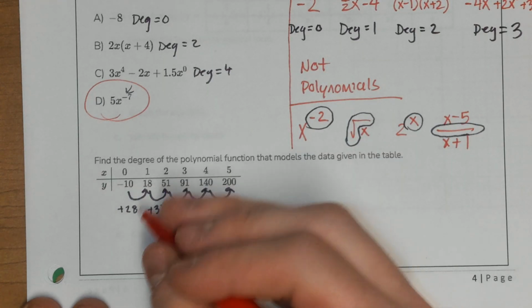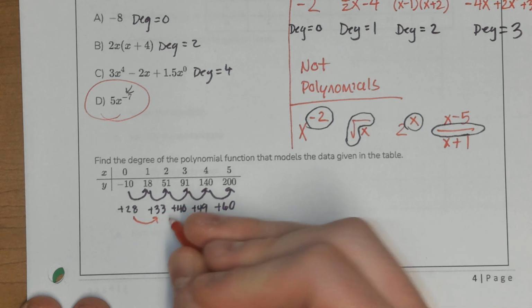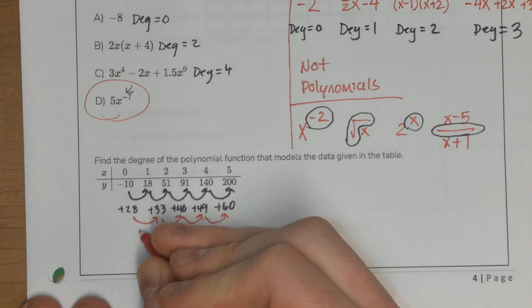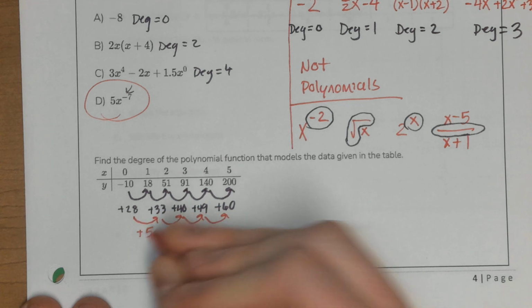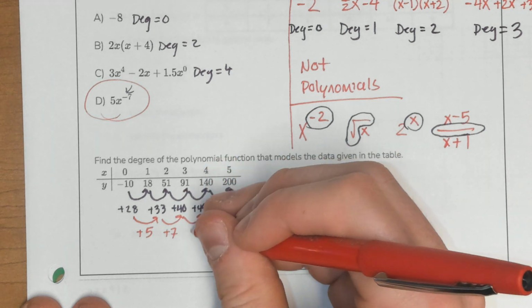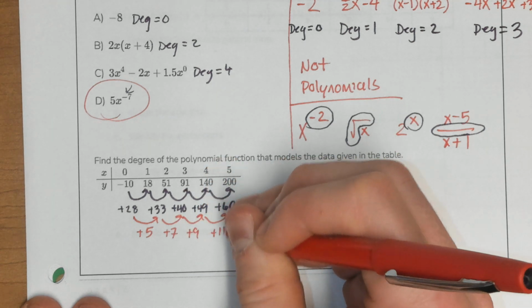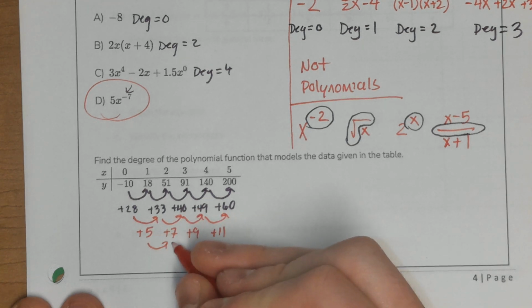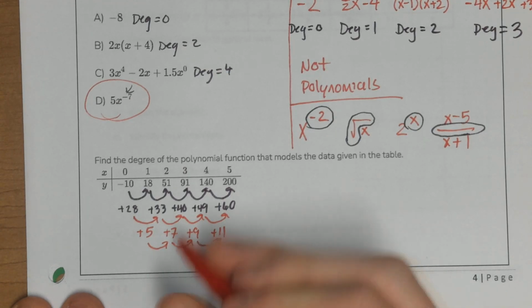Still no constant, so we're going to keep trying to find the difference here. It's going to be a plus 5 difference, plus 7, plus 9, and plus 11. It's starting to look a little promising.